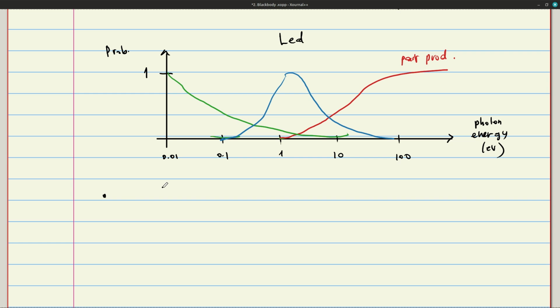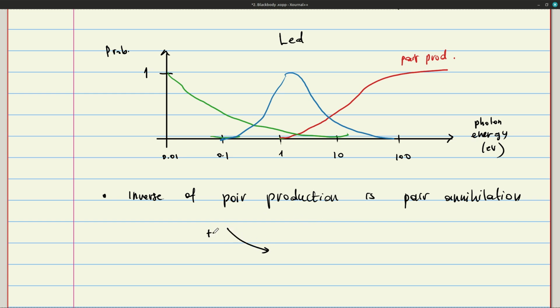The first note is that the inverse of pair production is also possible. The inverse of pair production, we call it pair annihilation. It's also possible, and the kinematics is something like that. A positron comes in, an electron comes in, and they annihilate each other, right?